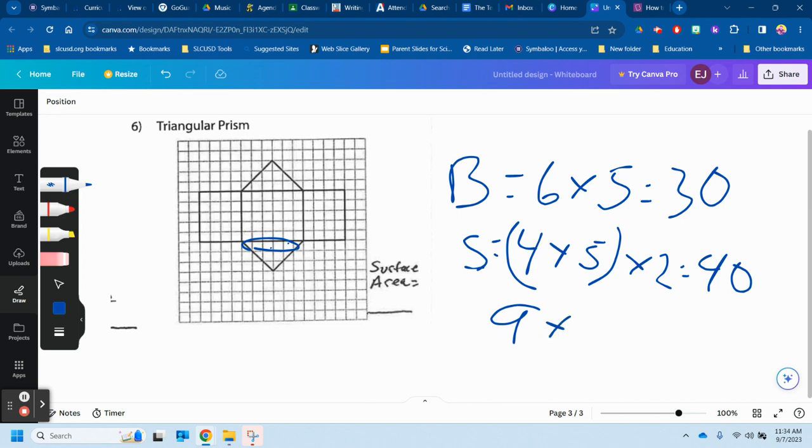See, there's 1, 2, 3, 4, half, 5. So that's 5 there. 6, 7, half, 8, 9. So I have 9 here and 9 here for 18. And you should get 88 square feet for this.